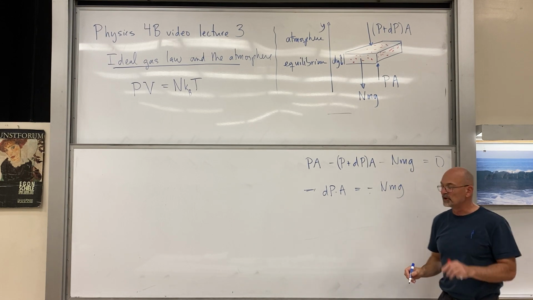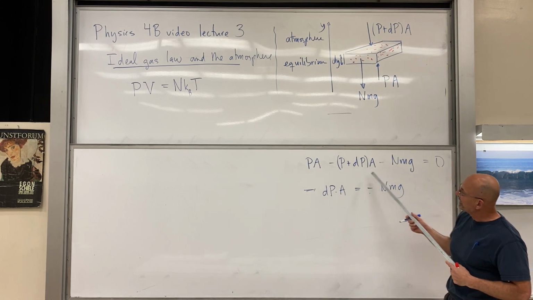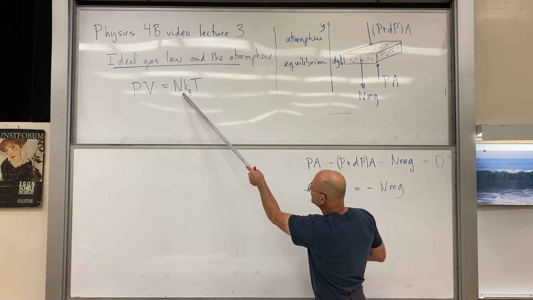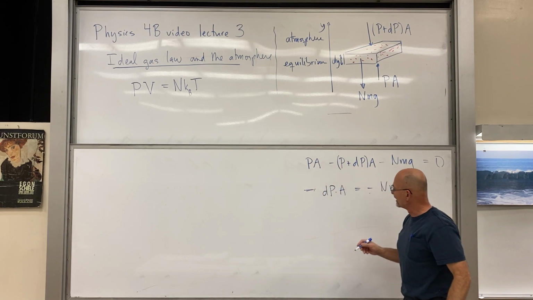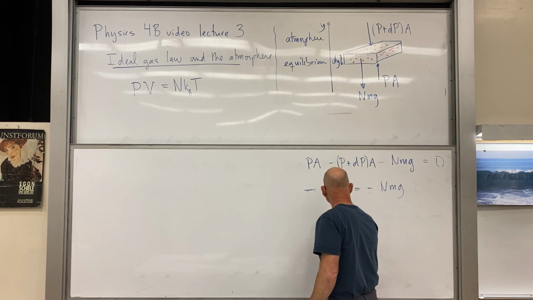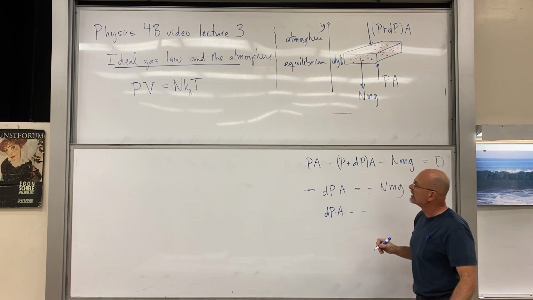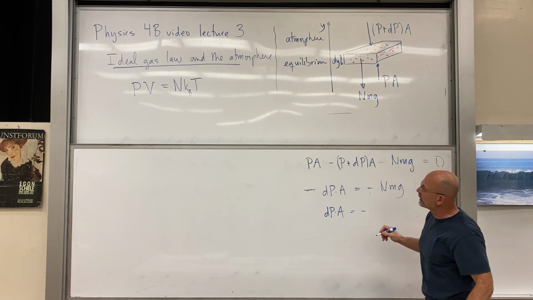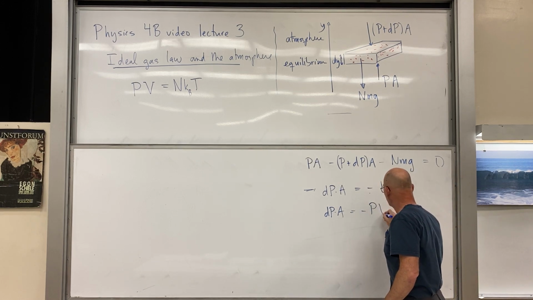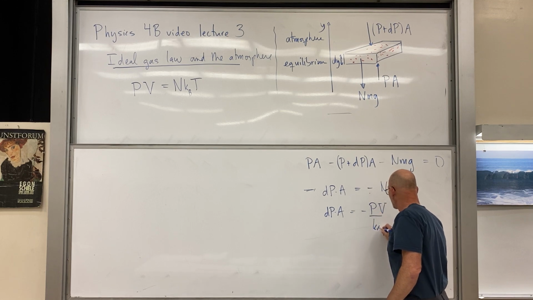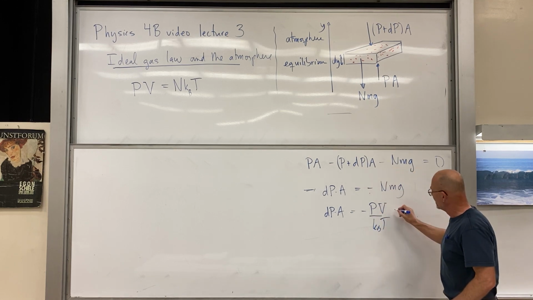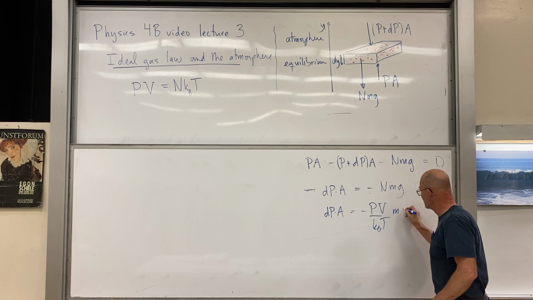So now what we're going to do is take the N out of the ideal gas law and substitute that in there. So dP times A is going to be equal to minus, and now the N is PV over k Boltzmann T, P volume, k Boltzmann temperature, and we've got the mg here still.